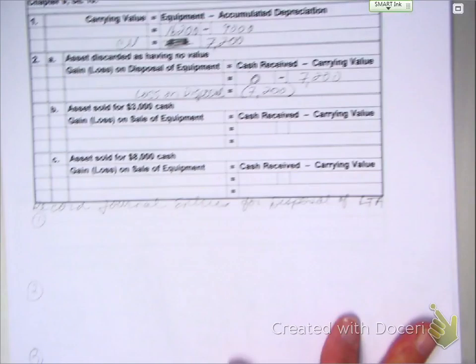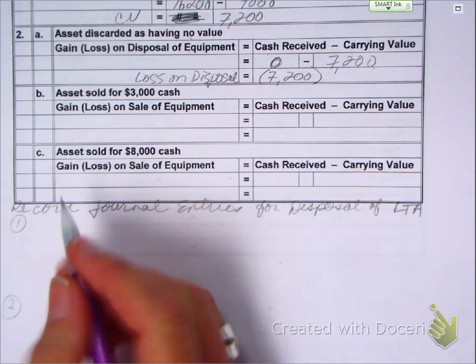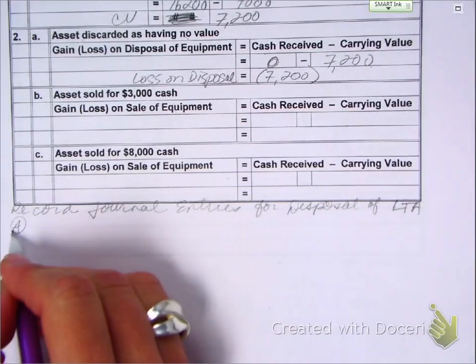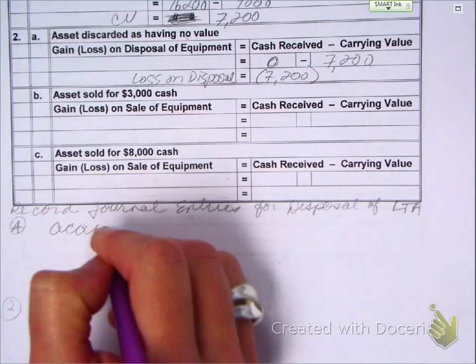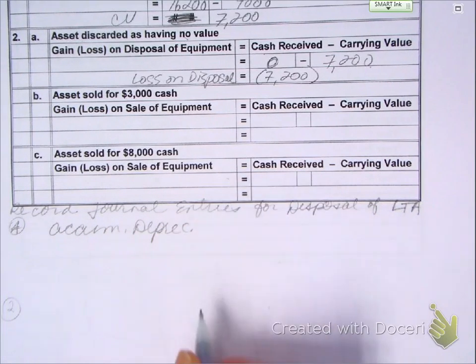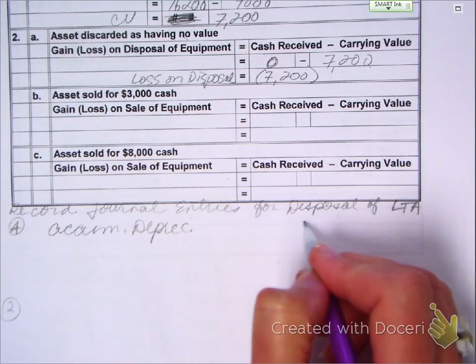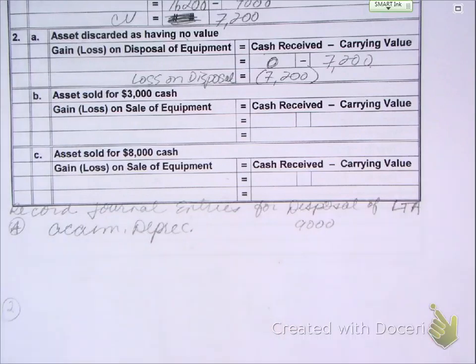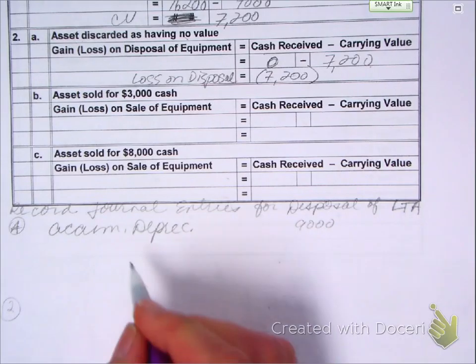And then if we were to record the journal entry for that disposal in option A, we would record the accumulated depreciation, which we want to get off of the books, the full accumulated depreciation. Our accumulated depreciation was $9,000, so we would debit the accumulated depreciation because its normal side balance is a credit. So to get it off the books, we're going to debit it.